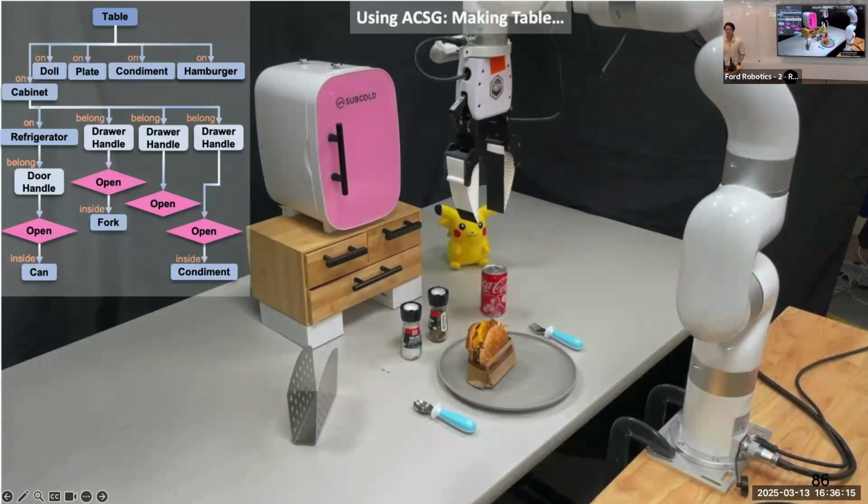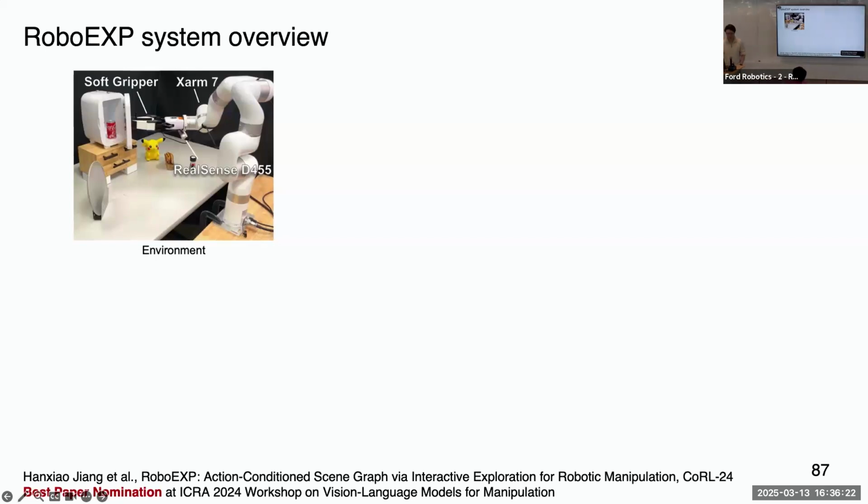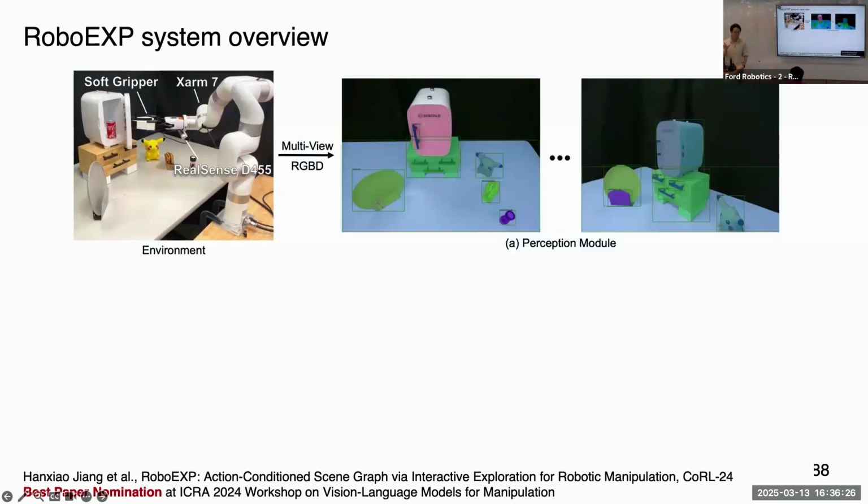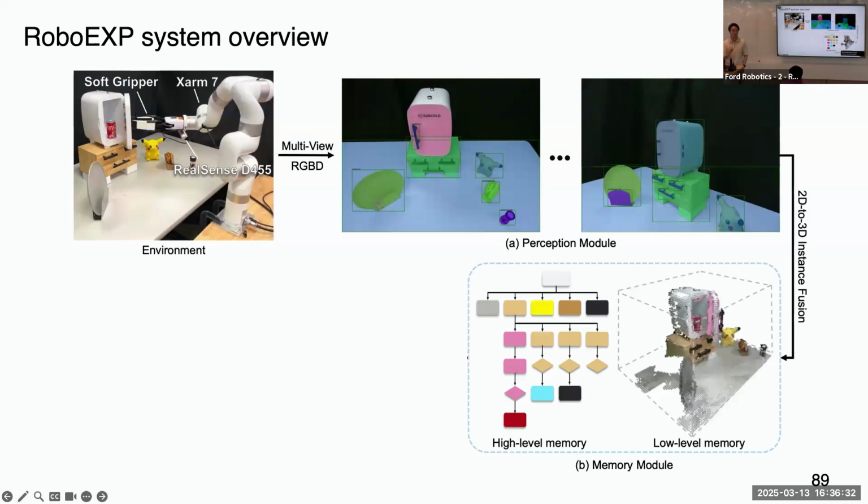So this is a nice thing about being able to properly explore this environment. And here is an overview of how the system works. Given this environment, we use a combination of vision foundation models to do the perception task, and we generate this memory.